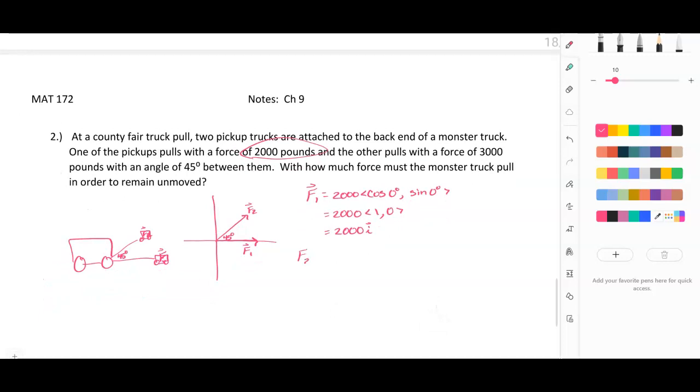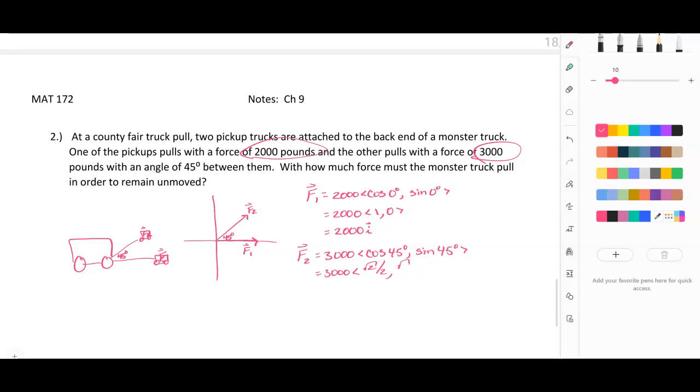Force 2 is being applied at a 45-degree angle. So I've got 2,000, oh, excuse me, 3,000. And it's going to be cosine of 45 degrees, sine of 45 degrees. Cosine of 45 is square root of 2 over 2.